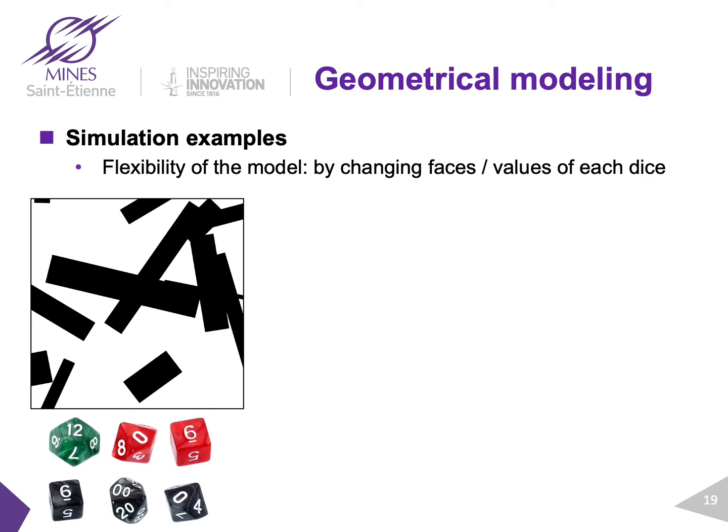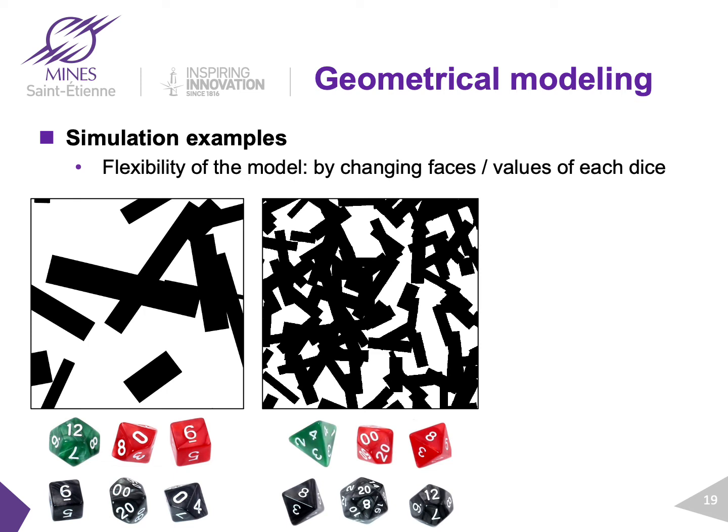But for sure, we would like to have flexibility in the model in order to be able to simulate different kinds of population. And we can do that very easily by changing the probability distribution, or from an analogous point of view, by changing the number of faces and the values on each dice. So for example, if I play with a specific set of dice, I can have this kind of realization.